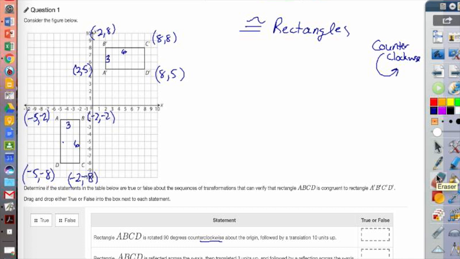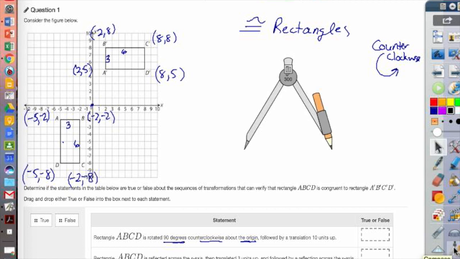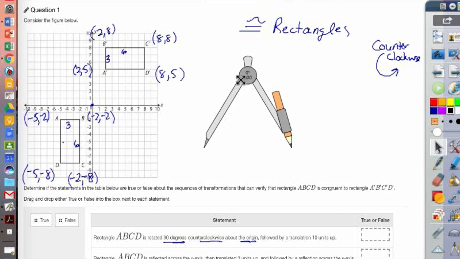So it's rotated 90 degrees about the origin. We need to locate the origin, which is here, and then do a rotation. We have a nifty tool here that will allow us to look at what a 90-degree rotation actually is.